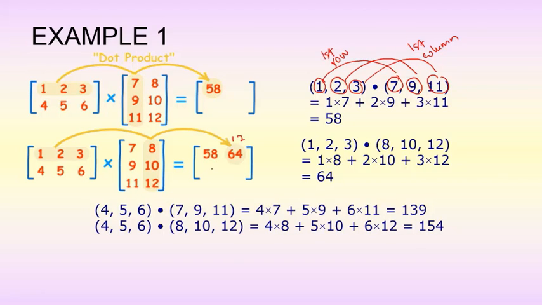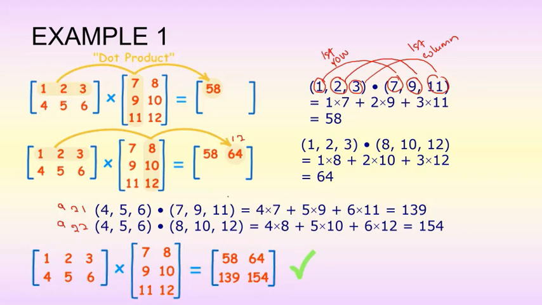For the other entries in the second row, first column, and second row, second column, we get A21 and A22, each in its position. So this is the solution for example 1: 58, 64, 139 and 154.